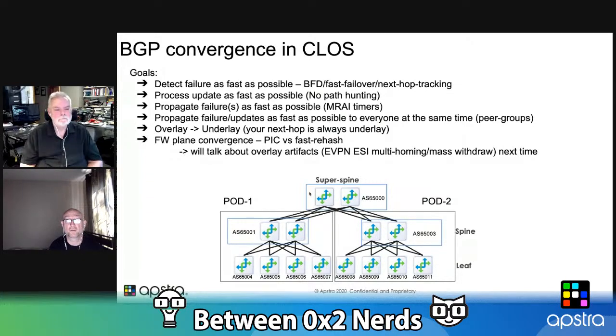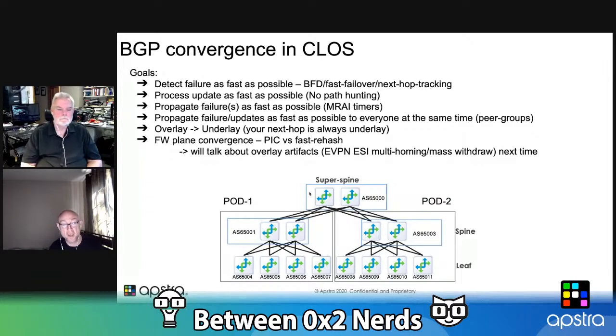So in order to converge fast, you need to make sure your underlay converges. So just overlay isn't enough. What you really want is for your underlay route to go away as soon as possible if you lose a link or not. Why is that? As we said, all modern implementations do next hop tracking.